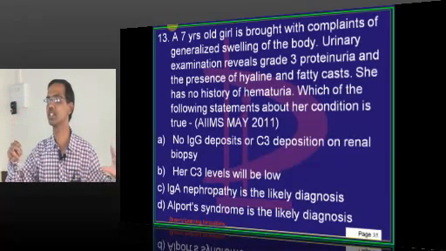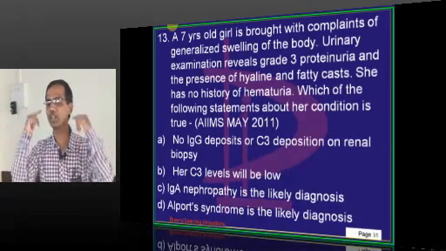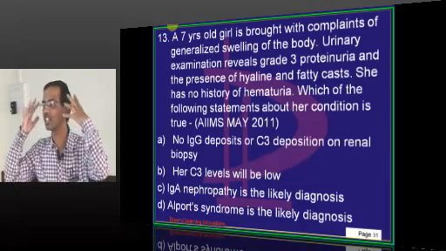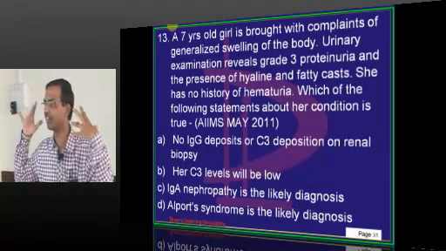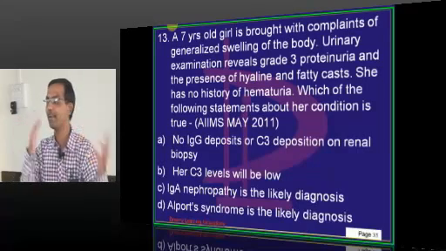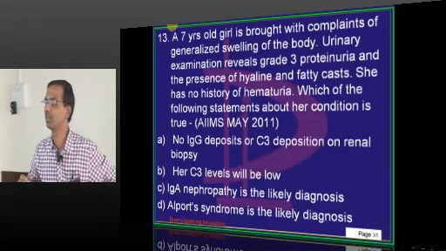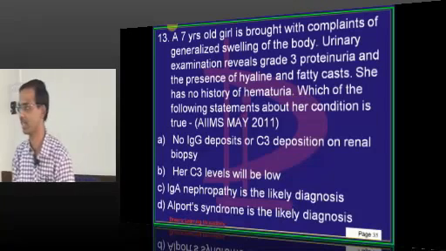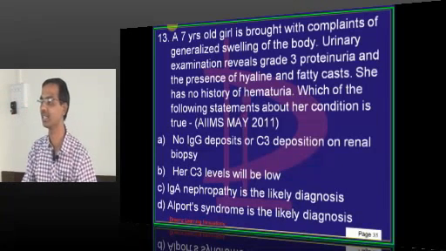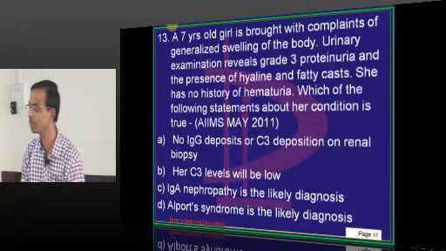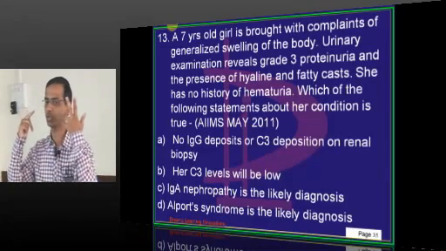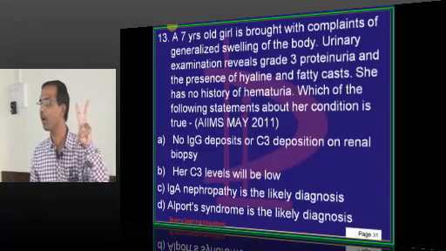Sodium and water retention generally causes mild edema, that too around the orbits, wherever there is loose tissue, periorbital, or dependent areas like the lower extremities, bilateral pitting pedal edema.